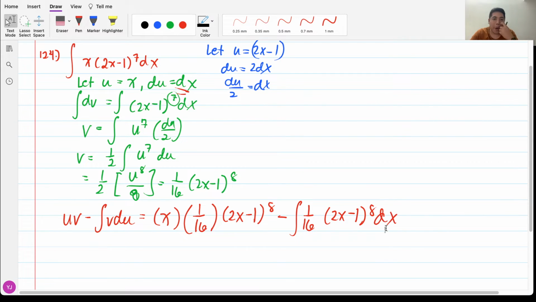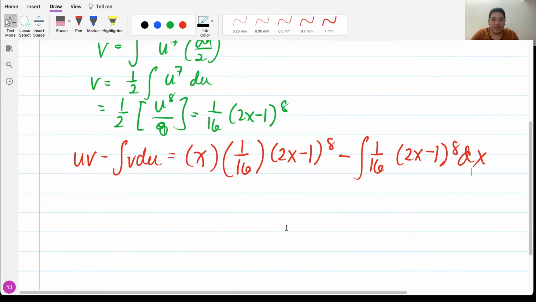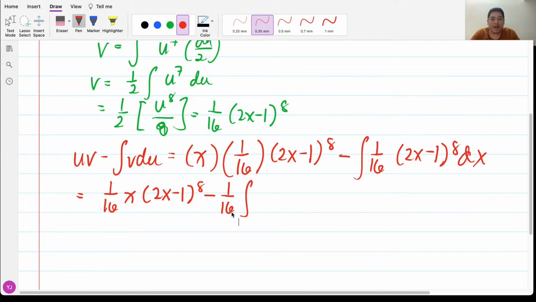So just simplifying, you have 1 over 16 times x, then (2x minus 1) raised to 8, minus 1 over 16 factored out, and then the integral of (2x minus 1) raised to 8 dx.